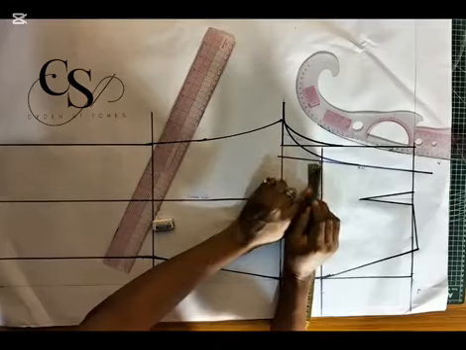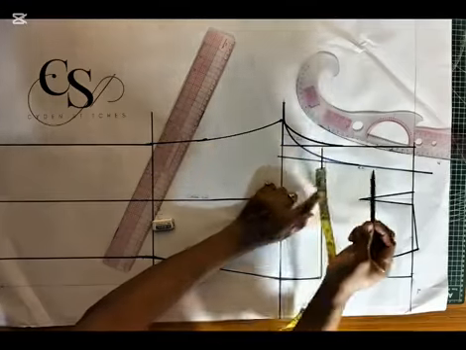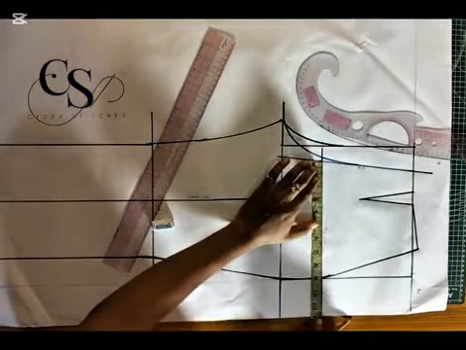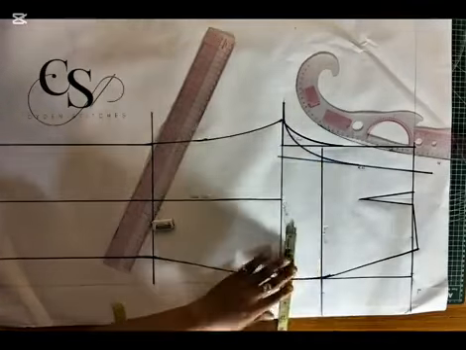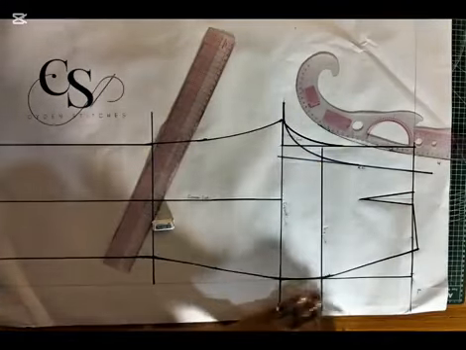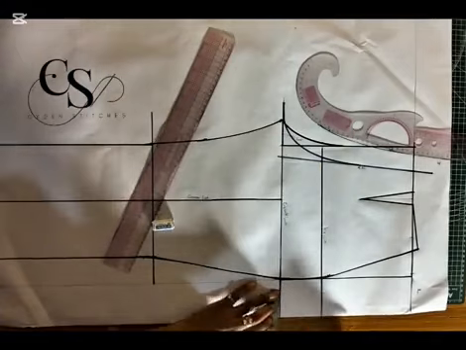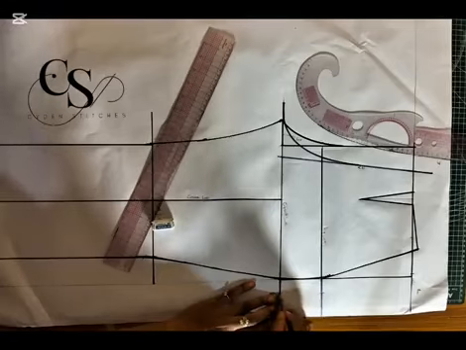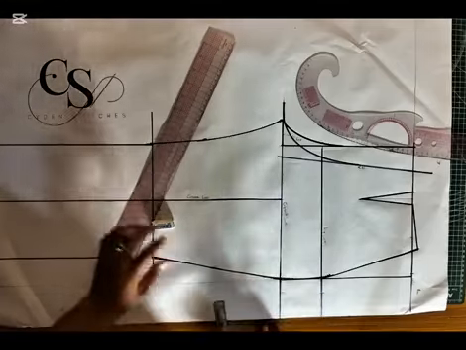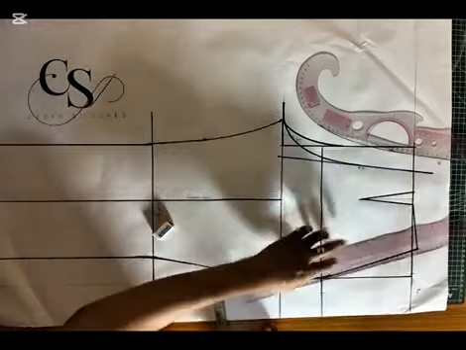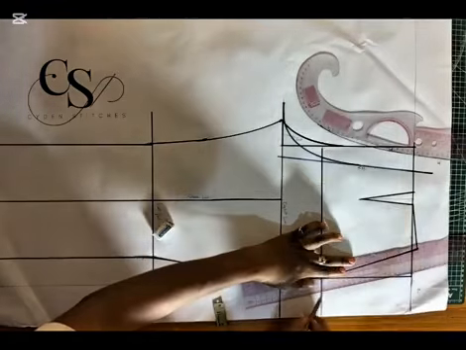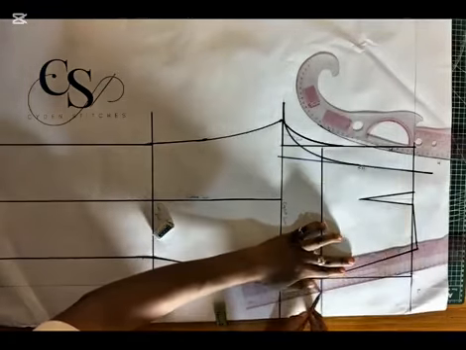The 10 is taken from this center back line. I'll mark out the 10. So whatever I have from here to here, I'll bring it on my crotch line and I'll mark it. So I will extend this point to my waistline. I'll connect the hip line to the waistline.